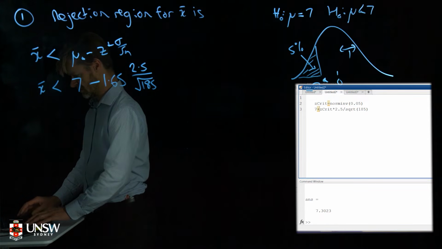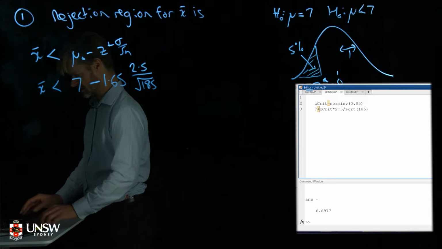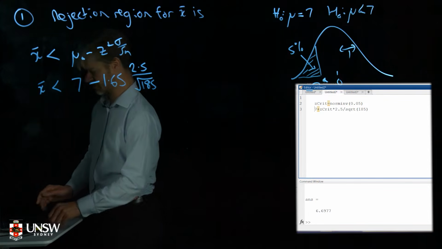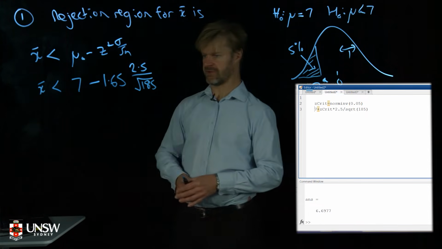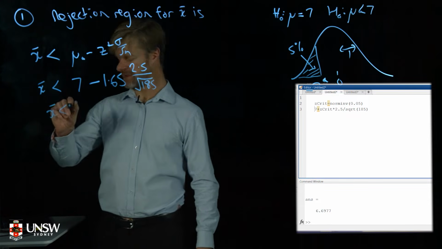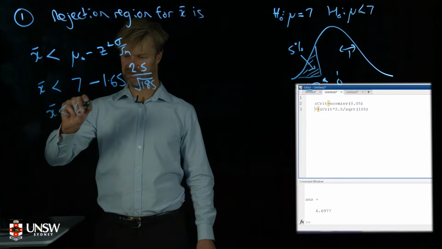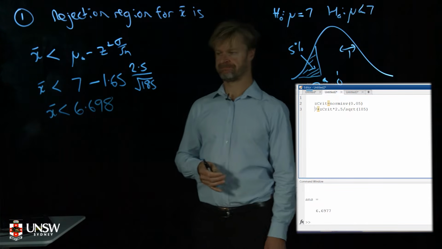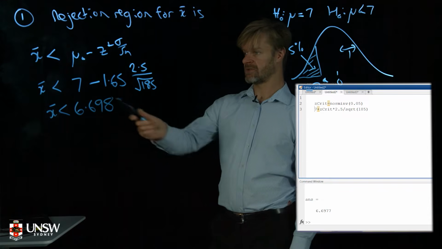Probably should have been plus, I reckon, because I did norm inv of 0.05, which gave me a negative 1.65. So plus negative 1.65 times 2.5, yeah. All right, so x bar's got to be less than 6.698. So that's our rejection region.